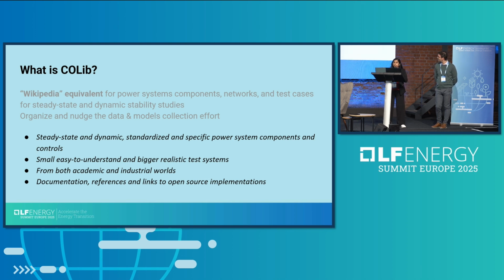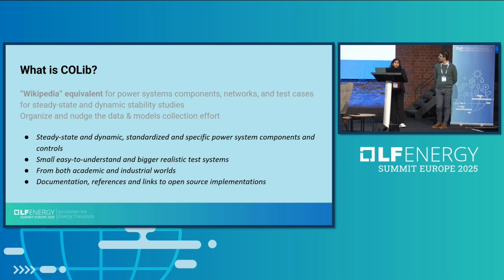But COLib doesn't just store models. We encourage community contributions, quality checks, and also standardization. Think of it as an active library where people can add, modify, and evaluate models, so it will be beneficial for other users.